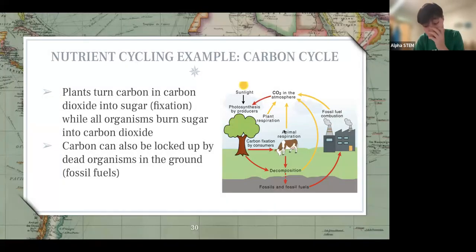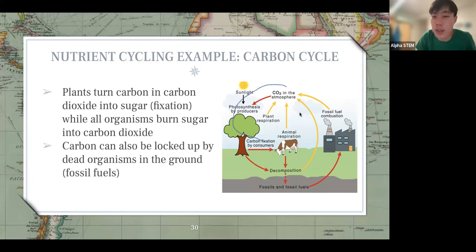There are many different examples of nutrient cycling. For example, you probably know about the water cycle already. In the carbon cycle, we've seen respiration and photosynthesis already. Photosynthesis goes from carbon dioxide in the atmosphere into sugar, and respiration goes from sugar to carbon dioxide in the atmosphere.